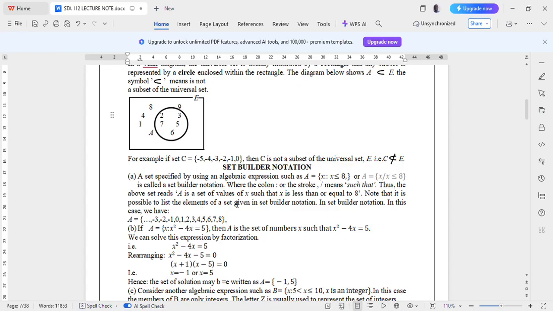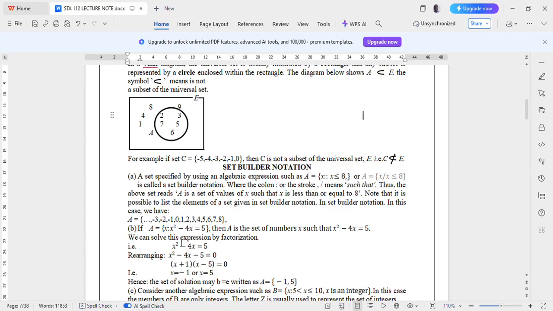A is the set of values of x such that x is less than or equal to 8. Note that it is not always possible to list the elements of a set given in set builder notation. In this case, x is less than or equal to 8, so it is an infinite set because we don't know the beginning.